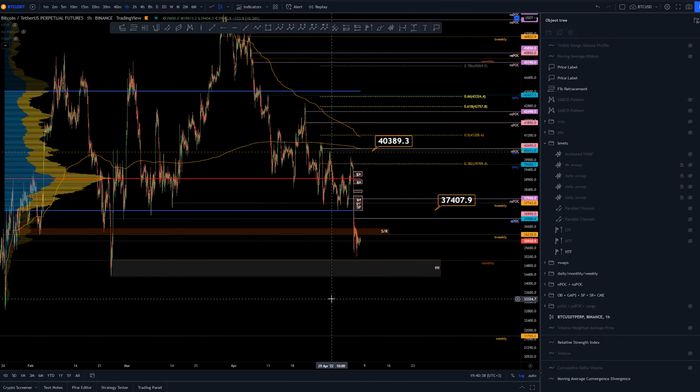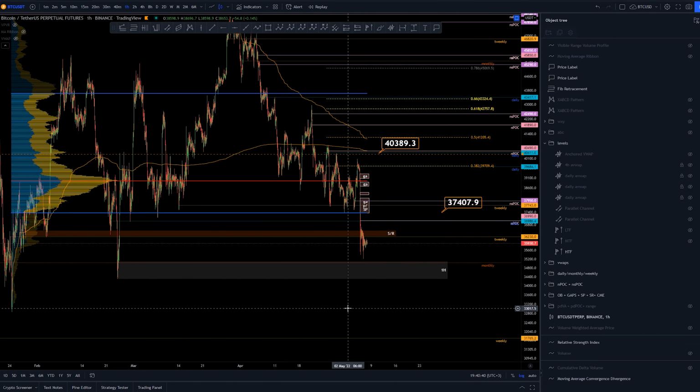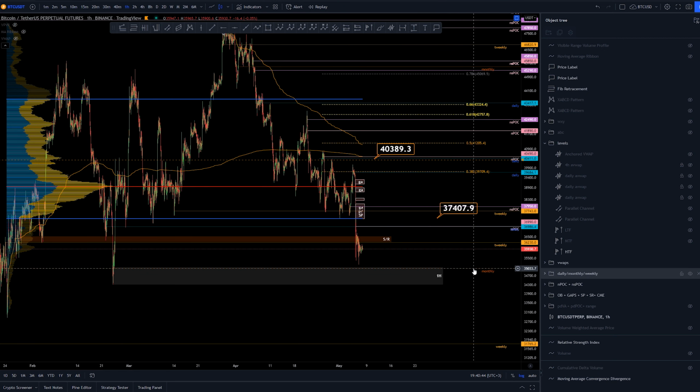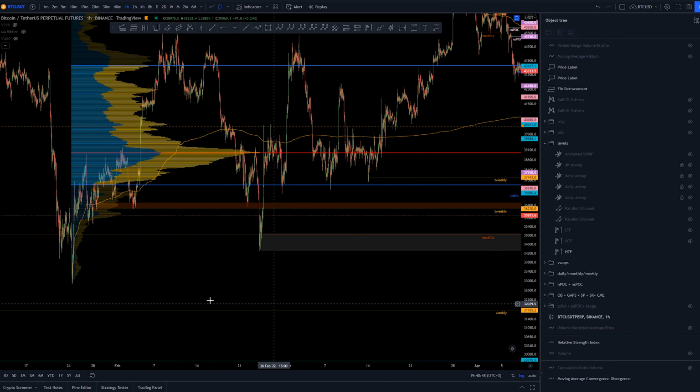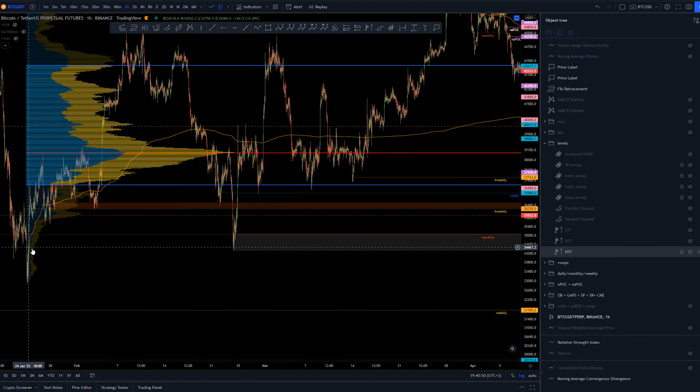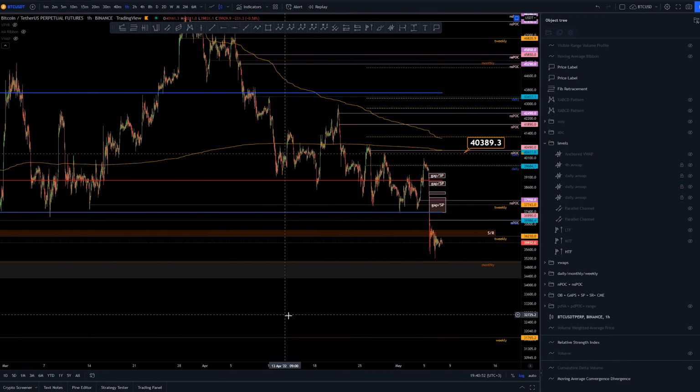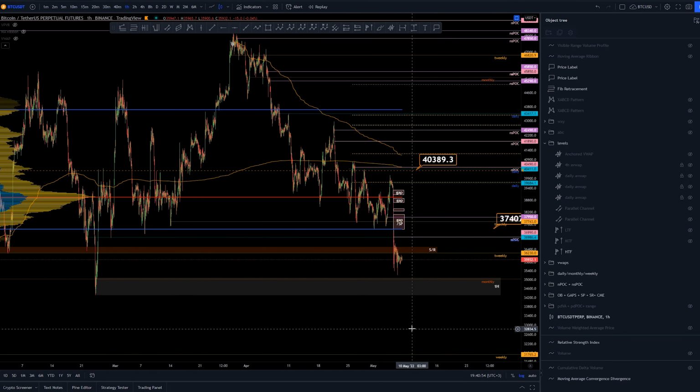Again, there's not much below us on a shorter time frame. We got some kind of order block here with a monthly. Of course, that is going to be basically our last line of defense. Sure, we have some wicks here from January 24th, but again, not too much.